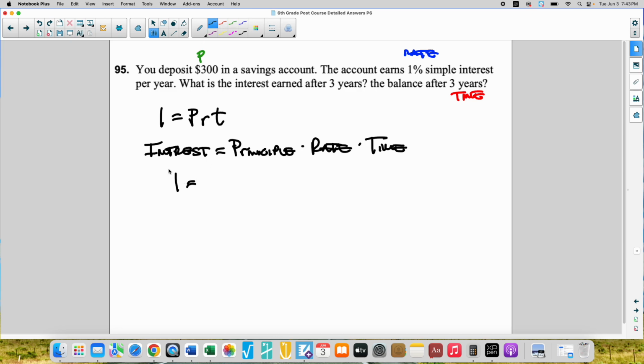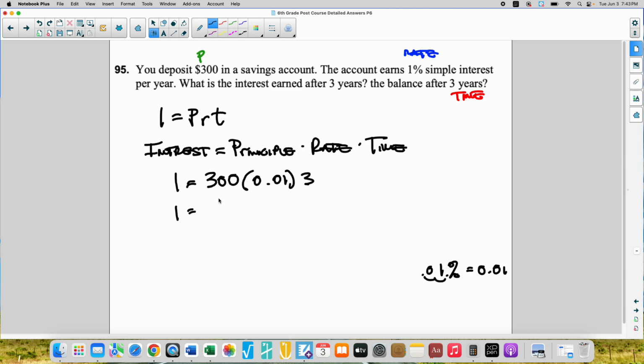So interest equals principal, $300, times your rate, which is 1%. Now let's again, 1%. The decimal point is there. I'm going to move it 2 places. So that equals 0.01 as a decimal. Times the time, which is 3.